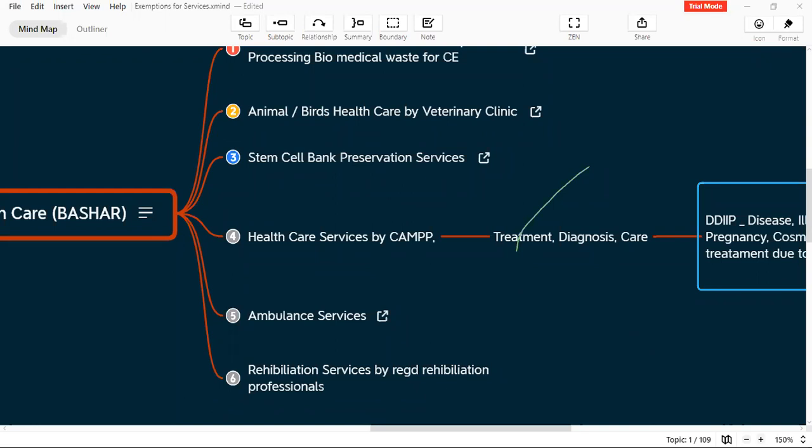It will be useful. Anybody who can put it in the chat box. What are the recognized systems of medicine available in India? You can also raise your hand so that I can unmute you and allow you to speak.